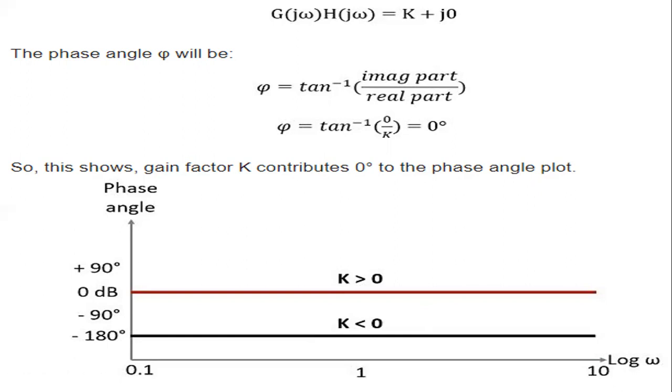So for every positive value of k, that means k is greater than 0, the phase plot remains invariable. That means it lies on the line of 0 degrees. However, for each negative value of k, that means k is less than 0, it will contribute minus 180 degrees to the phase angle plot for every value of omega between 0 and infinity. That will be continuously varying.